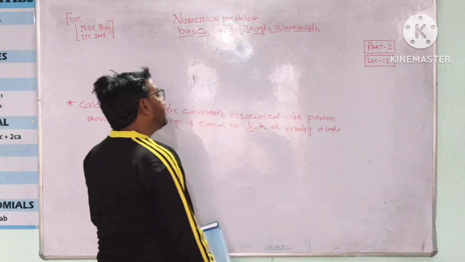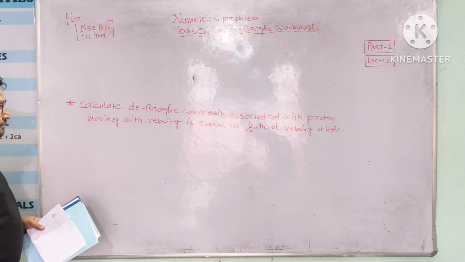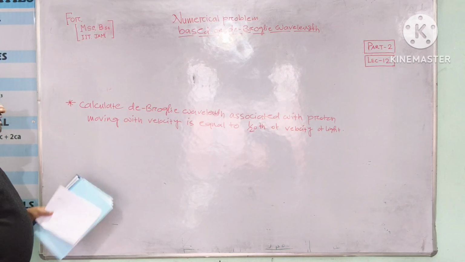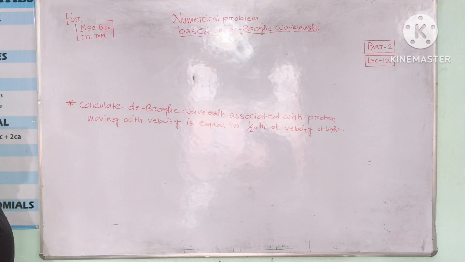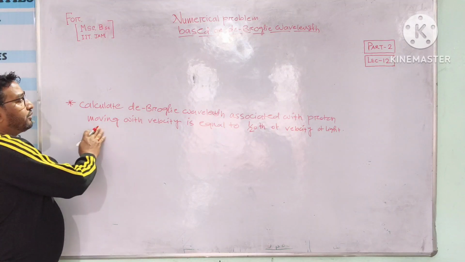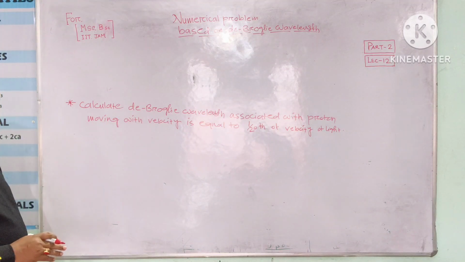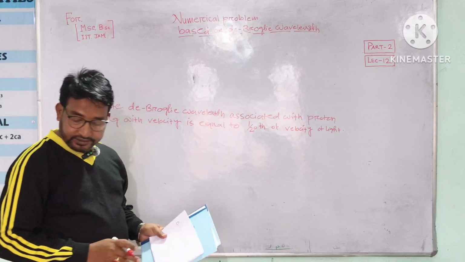Okay, so this is our next problem. The statement of this question: calculate the de Broglie wavelength associated with a proton particle moving with velocity equal to 1/20 times the velocity of light.